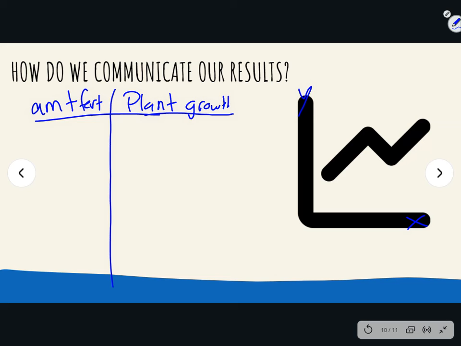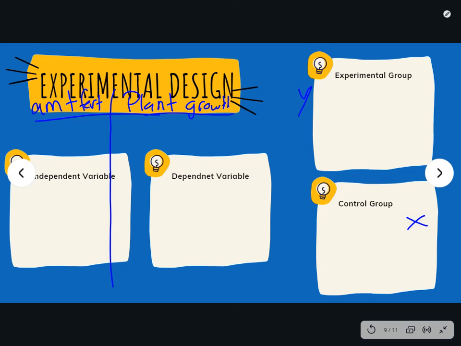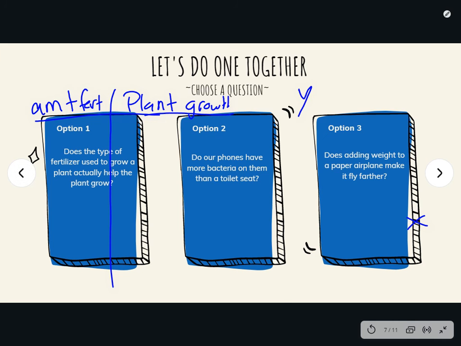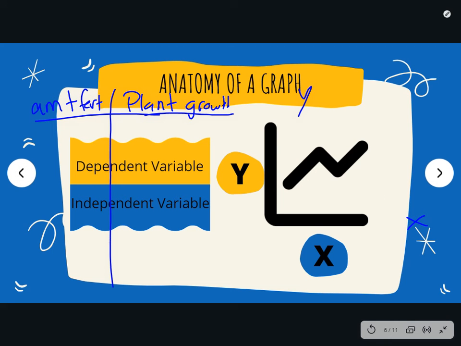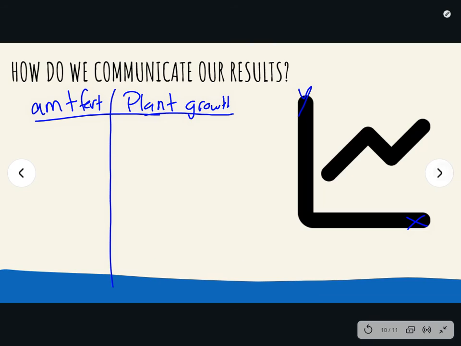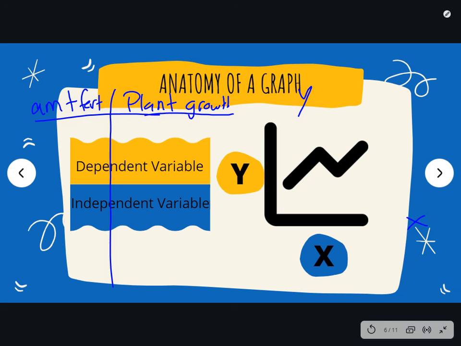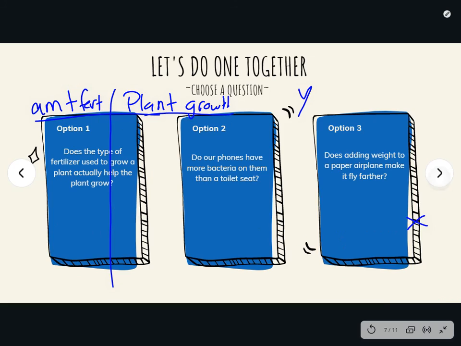Let's go back and find out. There it is. Our dependent variable will go on our y-axis, and our independent variable will go on our x-axis. Yes, dependent on the y, independent on the bottom.